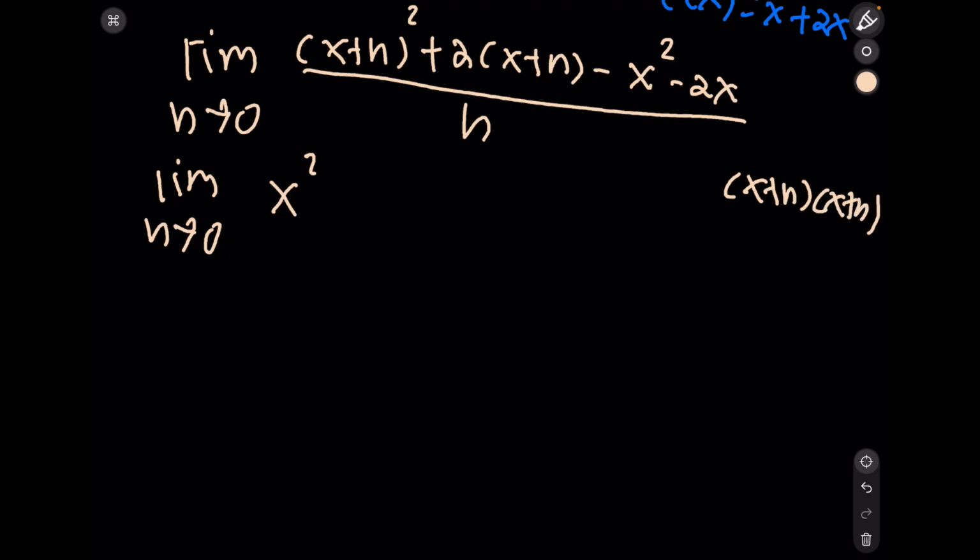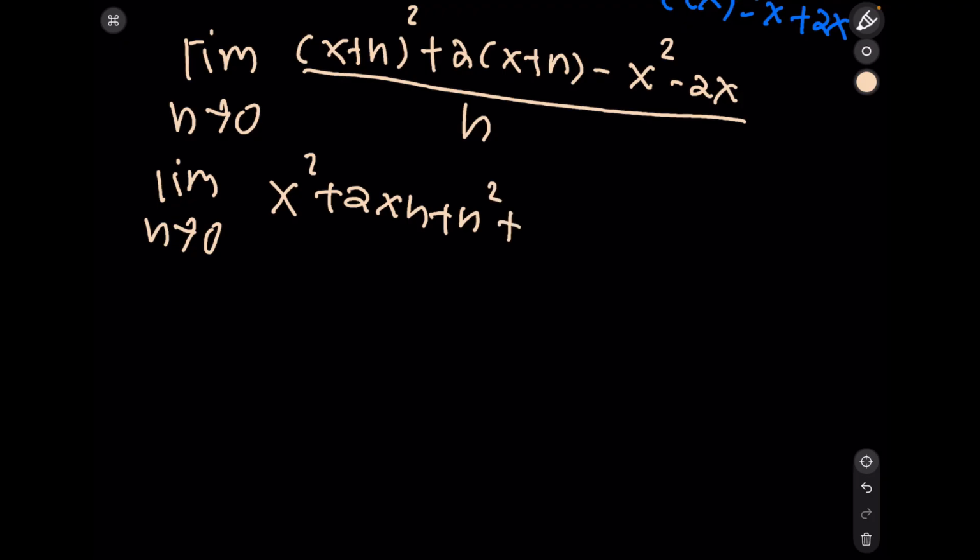If you square it like that, you get x squared, you get hx or xh, and you get 2 of them. Then you get h squared. Plus h squared.